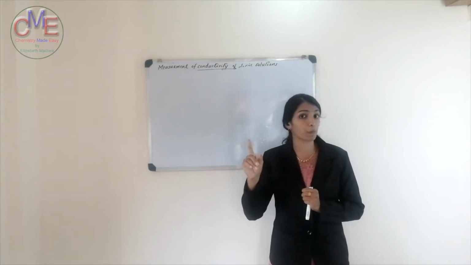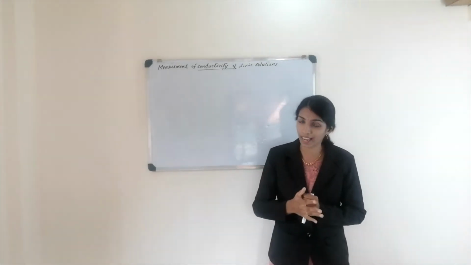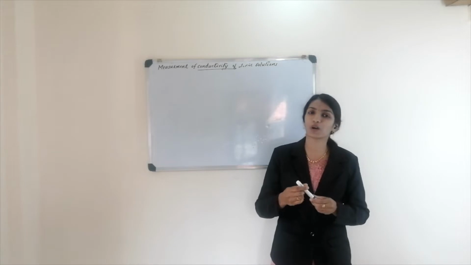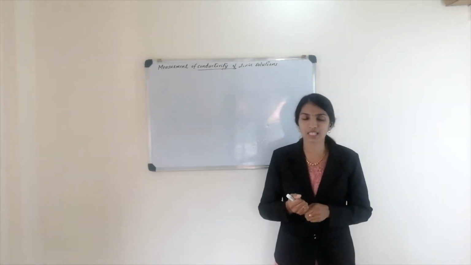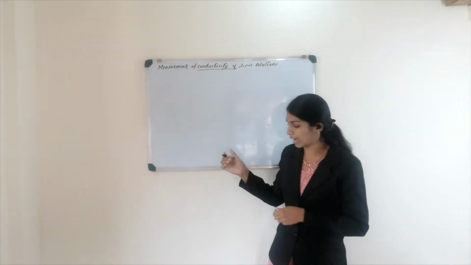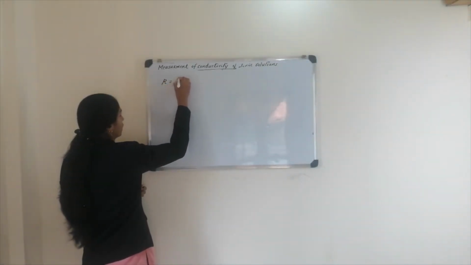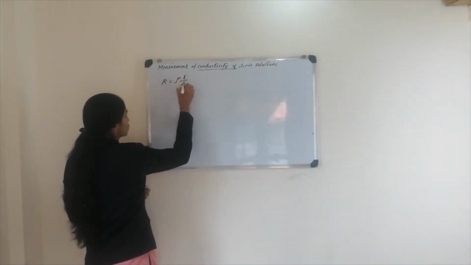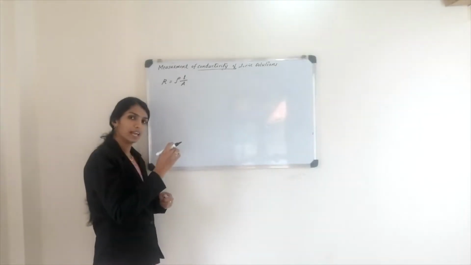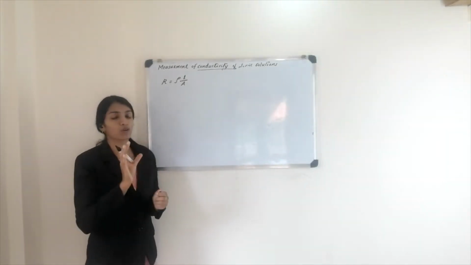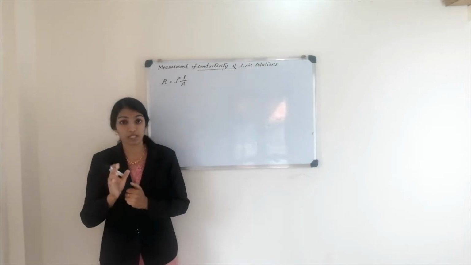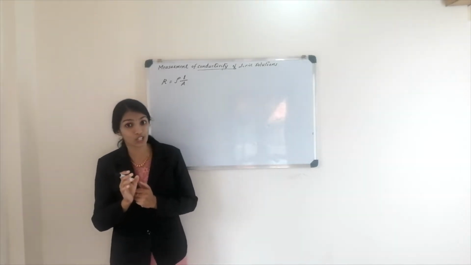Or R is proportional to L by A, or R is equal to a constant into L by A. We can write that constant as a proportionality constant rho, so R is equal to rho into L by A. This proportionality constant rho is known as specific resistance or resistivity.